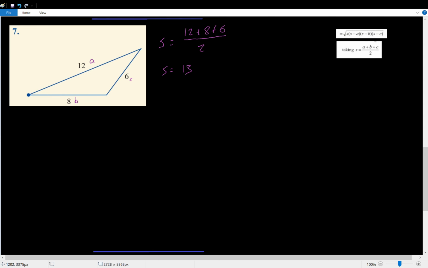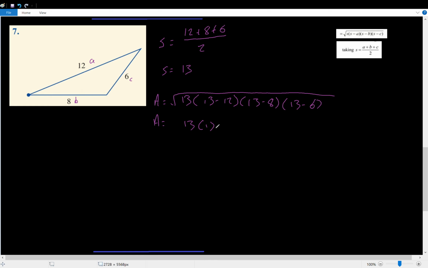And now we're going to put that and our values for a, b, and c into our formula to get our area. So A is going to be equal to 13 times (13 minus 12) times (13 minus 8) times (13 minus 6), and that is all under the square root, like that. Let's work that out. So that's going to be 13 times 1 times 5 times 7, all under our square root.